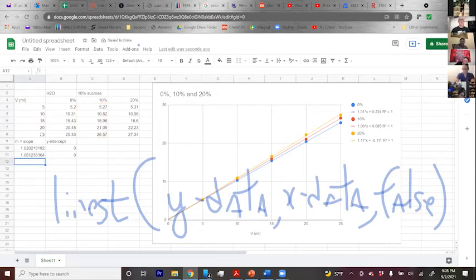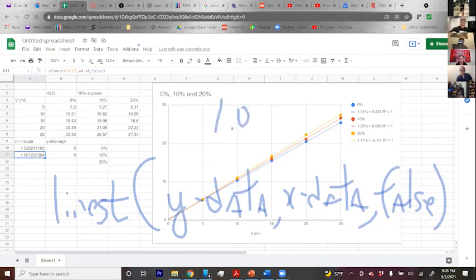So there is my new value for the slope for, let's see, 0%, 10%, and then the next one will be 20%. So my new corrected value for the slope for 10% is 1.06, which is the same as it was for uncorrected. So that hasn't changed.